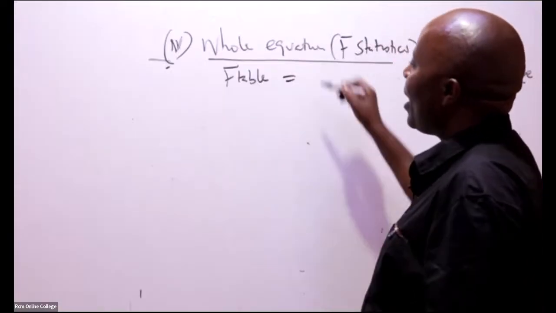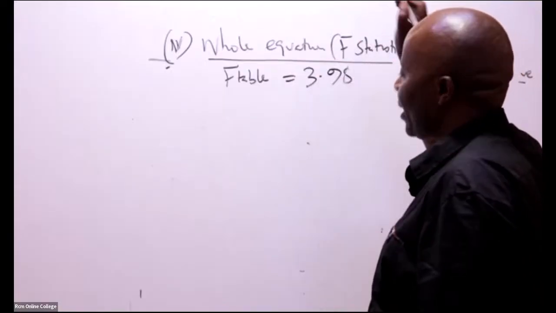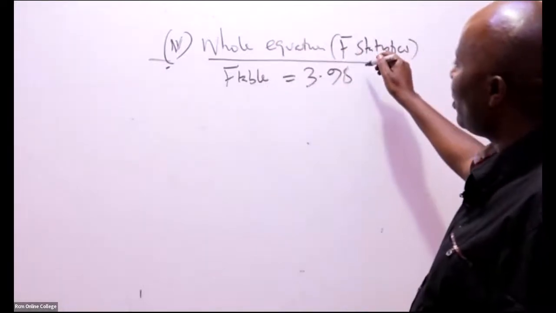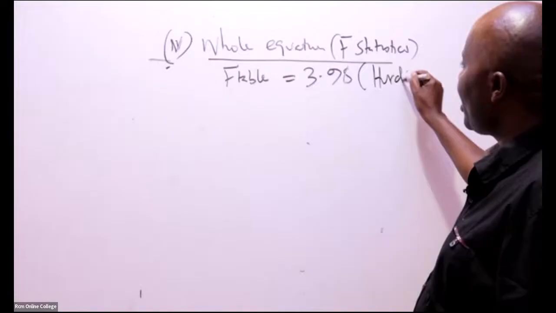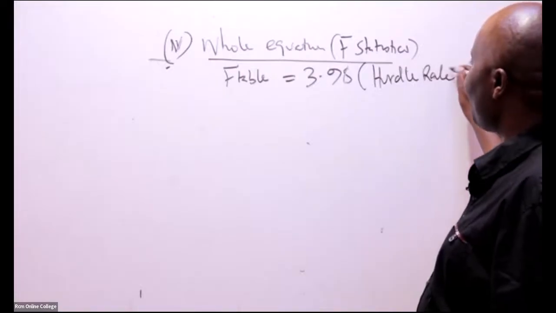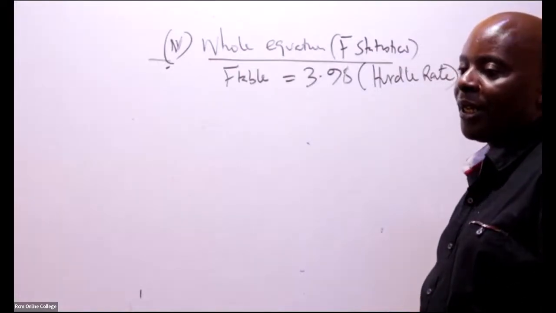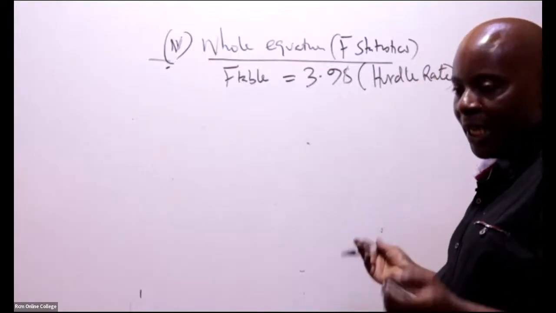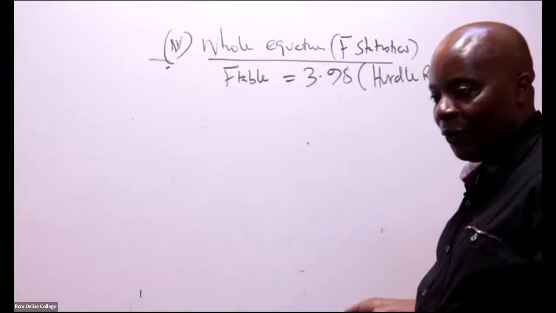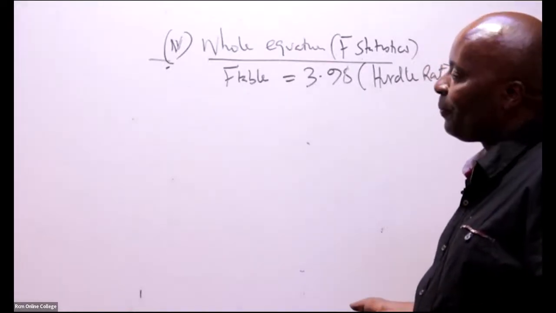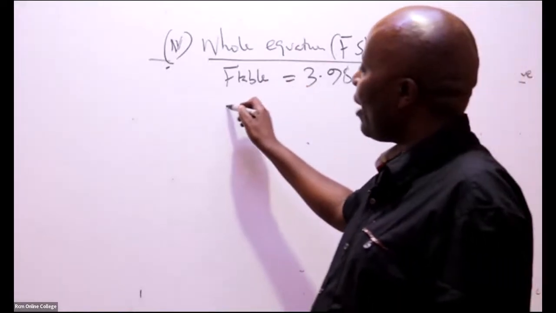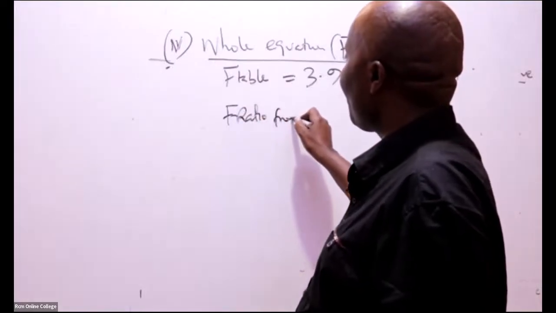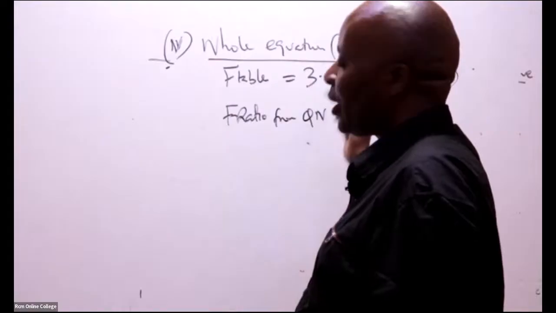This has been given in the question, it's 3.98. Remember, this is the hurdle rate. Should we get an F that is bigger than this, then we are safe. We are significant. We are big enough. So then you go to the F ratio from the question. We see how big is it or how small is it?